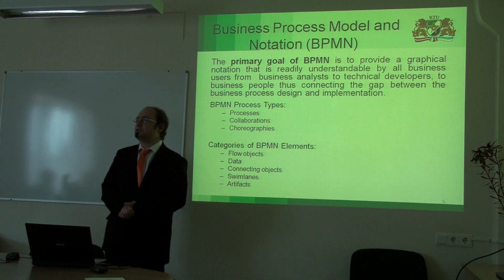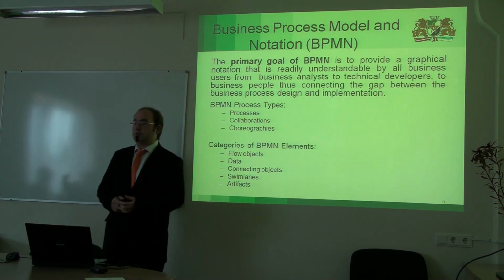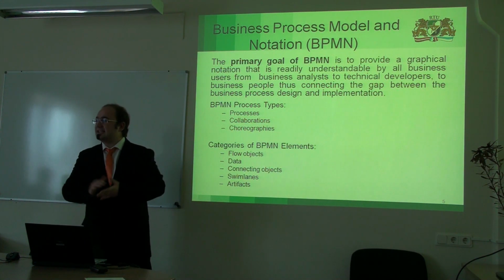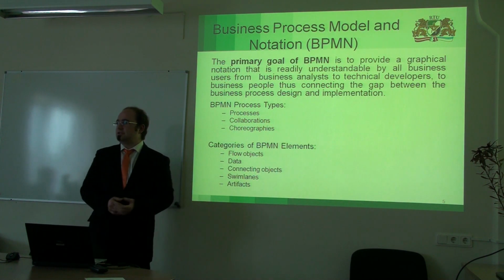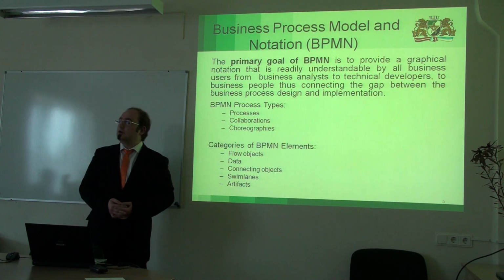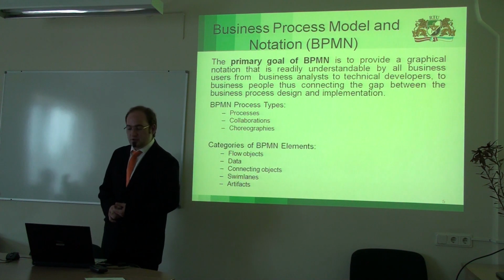So, business process model notation. The primary goal is to provide a graphical notation that is readily understandable for business users, business analysts, and technical developers. So, BPMN has three major process types: processes, collaborations, and choreographies.